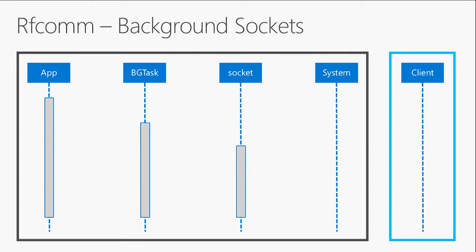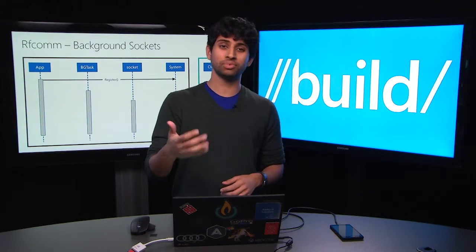In this example, your app will register a trigger with the system. That is the RFCOMM connection trigger, and that lets the system know two things. One, to advertise your service so that we know that the app is looking for incoming connections from a particular device. And two, it allows us to accept incoming connections on a particular service.